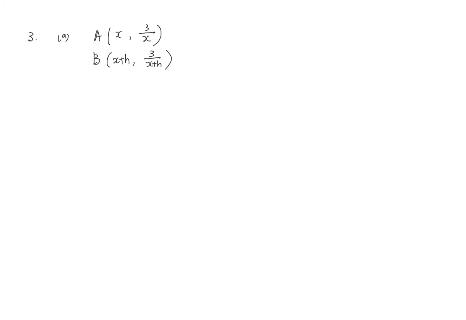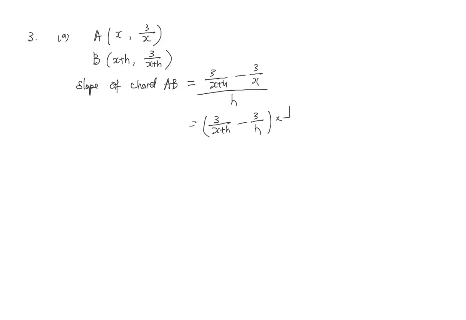So slope of the chord AB is y2 minus y1, 3 over x plus h minus 3 over x, over x2 minus x1, which is h, right? Divide by h, you look at it as times 1 over h, correct? So this one, we make it a single fraction.